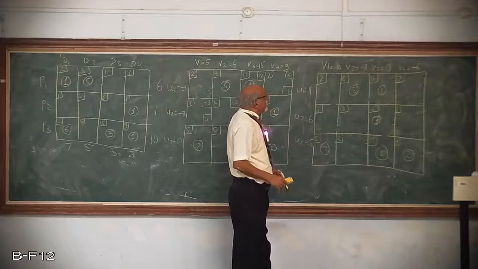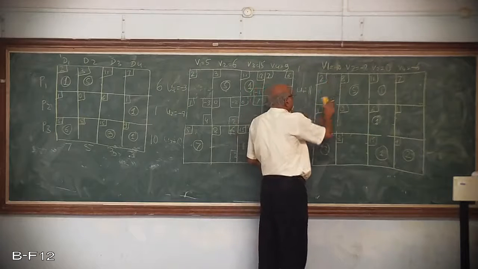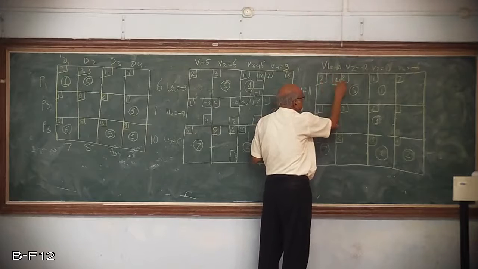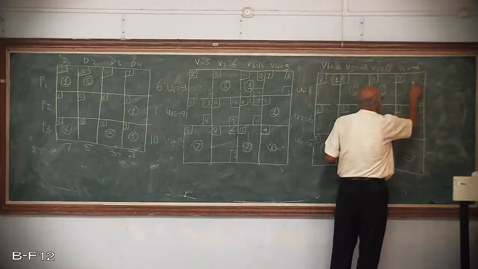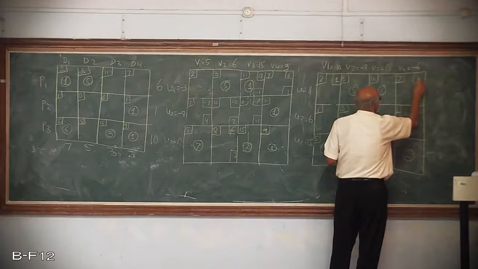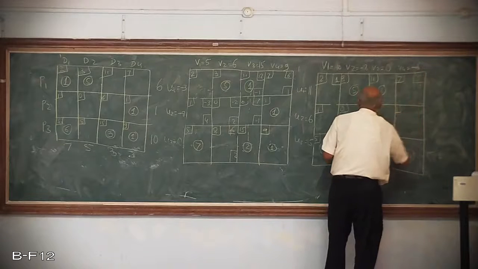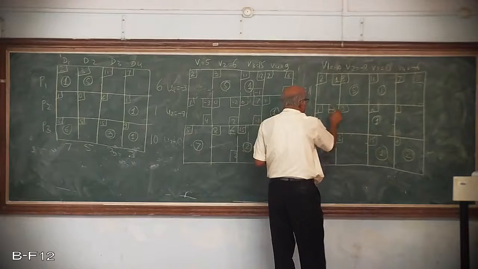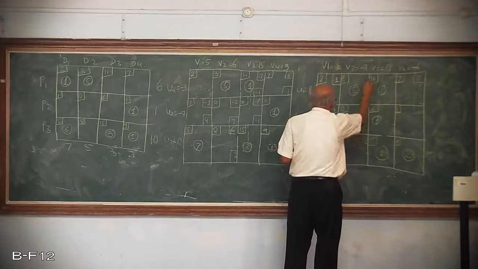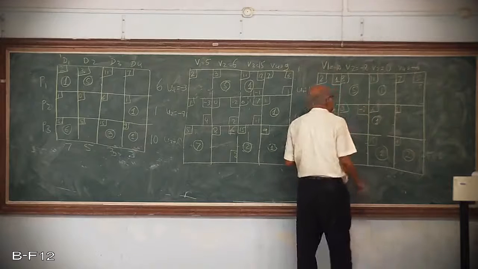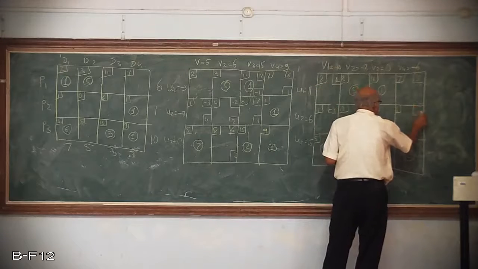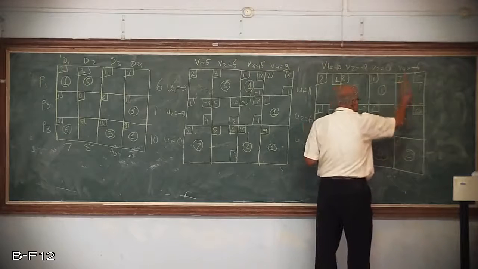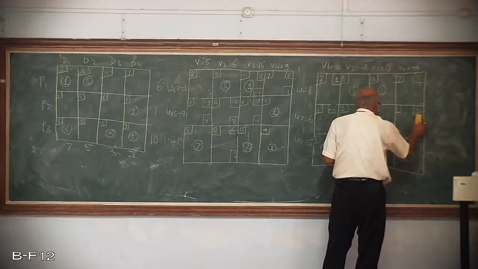Now what is to be done? You have to find out the ui plus vj values. That means here how much value is it? 11 minus 10, it is 1. 11 minus 6, 5. 6 minus 10, minus 4. 6 minus 8, minus 2. 6 minus 6, it is going to be 0.